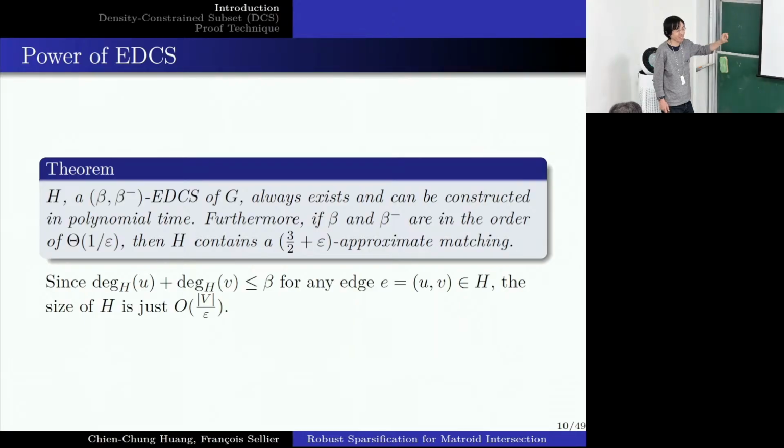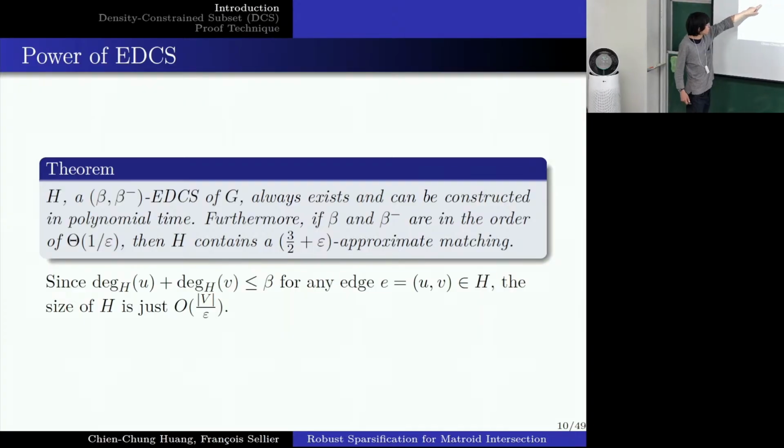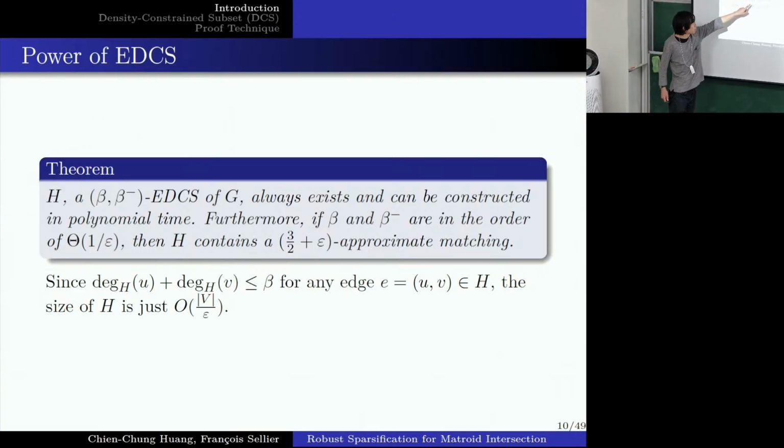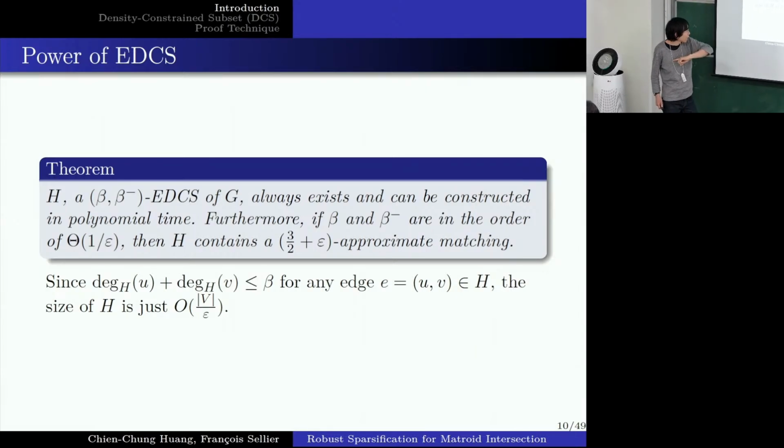You can also think of this as a 2/3 approximation. And the important property, as I said, is that the degree is at most beta for any vertex. So that means the number of edges in the entire sparsifier should be roughly V over epsilon.